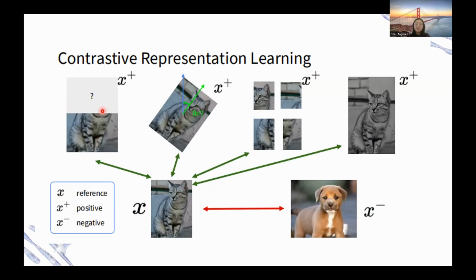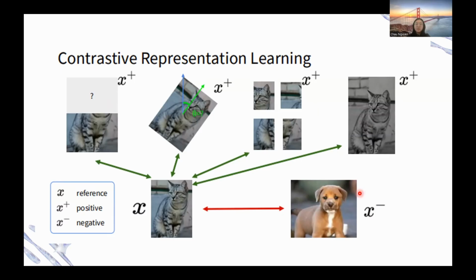So for example, we crop it, rotate, crop it into different pieces, or apply a little bit of blurring or apply different coloring to it. And these are called positive because technically speaking, these are still counted as a cat, right? And then we have a negative sample, which is a sample from a different class.